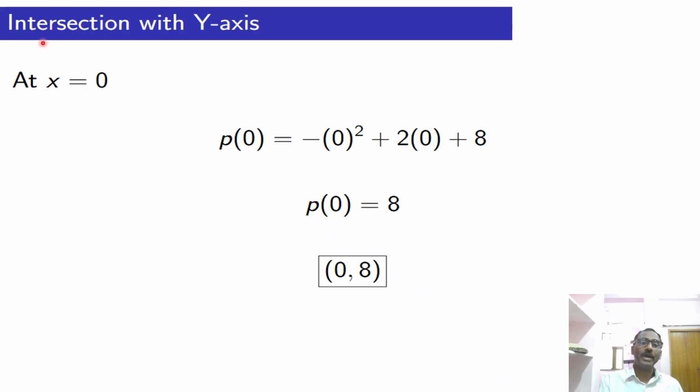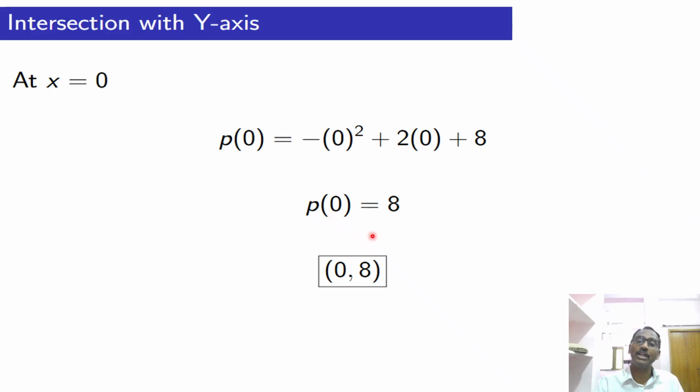They also asked to find the intersection with the y-axis. On the y-axis the x coordinate is always 0. That's why in the given polynomial I am taking x equal to 0. So p of 0 is equal to minus 0 square plus 2 times 0 plus 8. In place of x I have taken 0, so p of 0 is equal to 8.